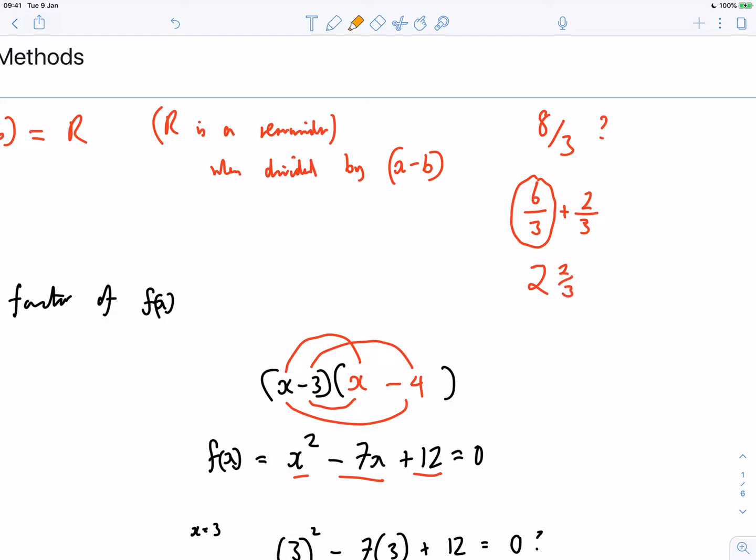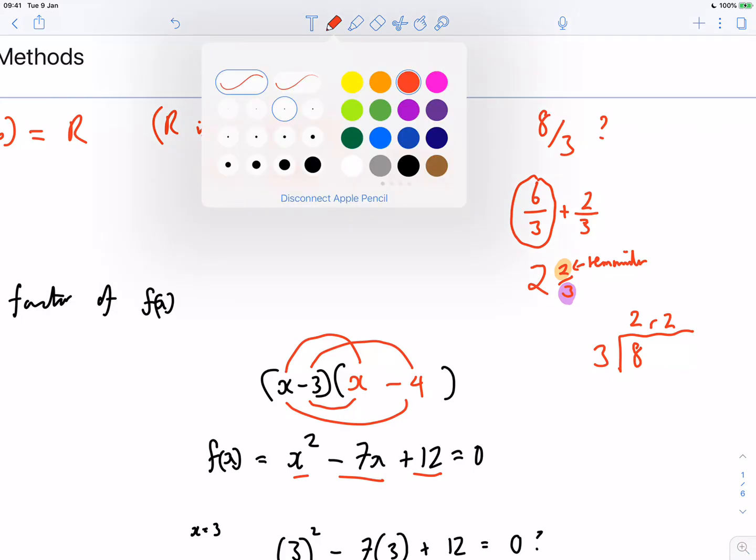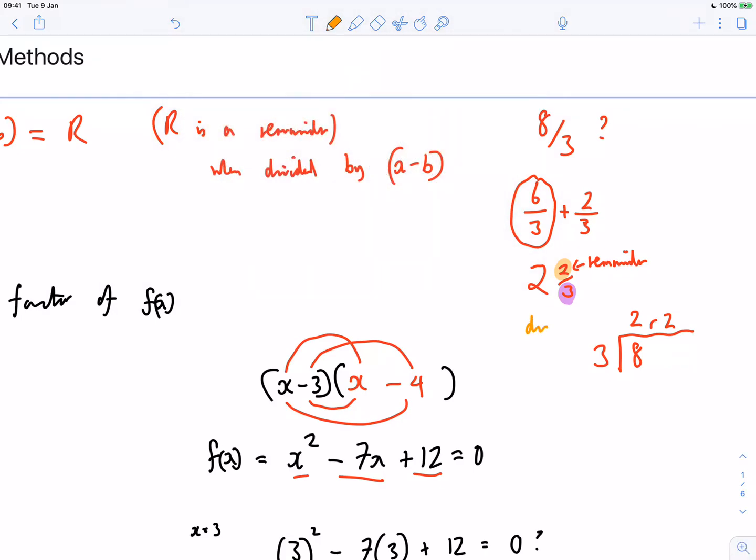In primary school, you might have done it like this: 8 divided by 3, 3 goes into 8 two times, and there's 2 left over, so you'd put remainder 2. This 2 up here is the remainder. This 3 down here is what's called the divisor, because we were dividing by 3.